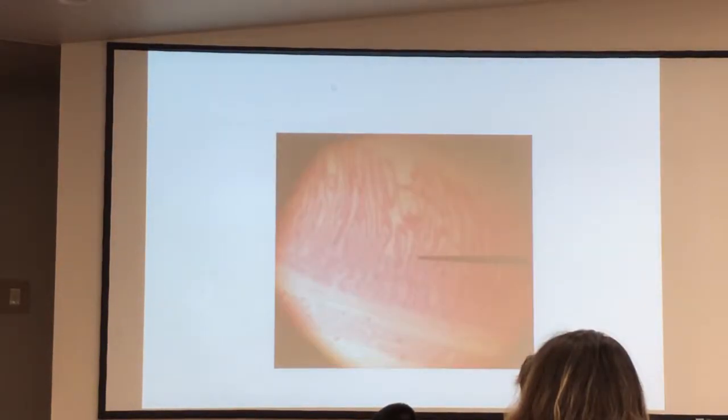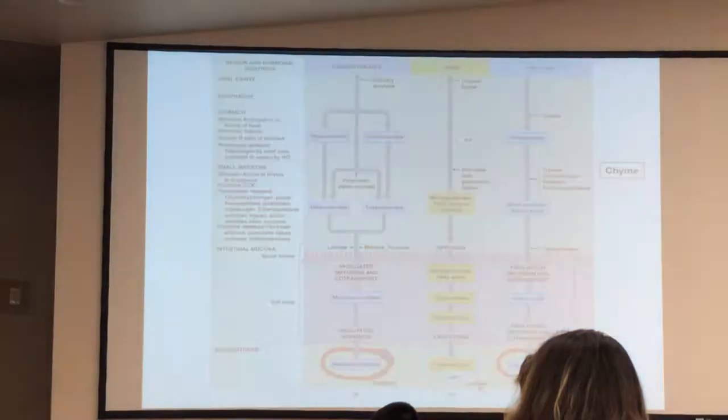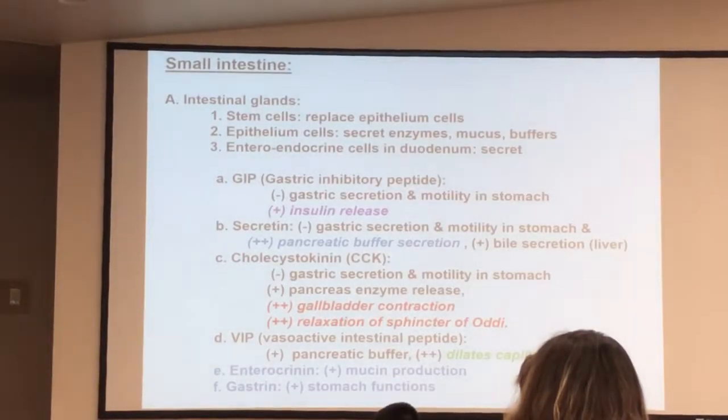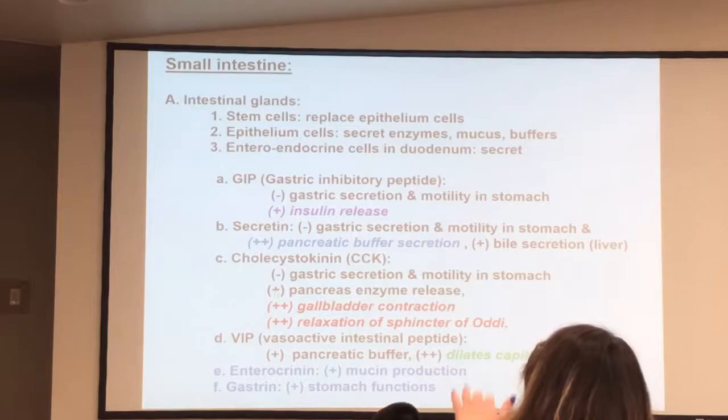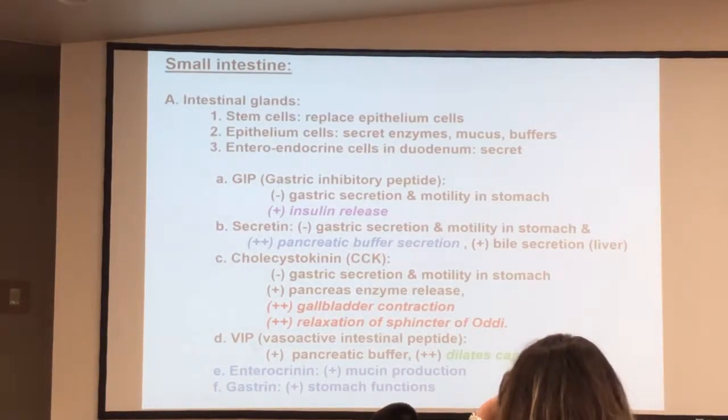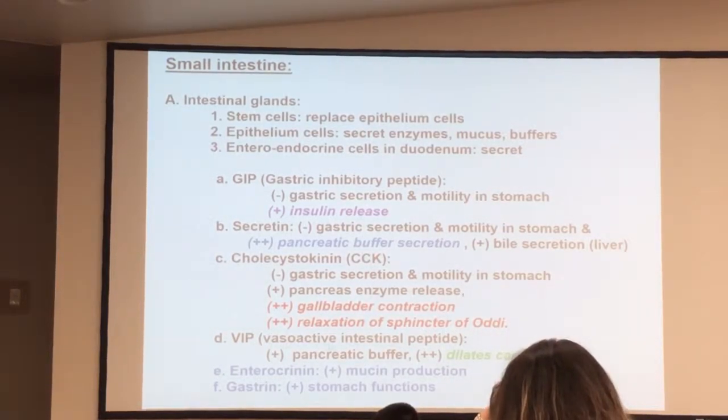We go back to the original one, sorry about that. The other one, number 4 here, is VIP, vasoactive intestinal peptide. It increases buffer from the pancreas. Also, its major function is to dilate capillaries, so more blood flows here.